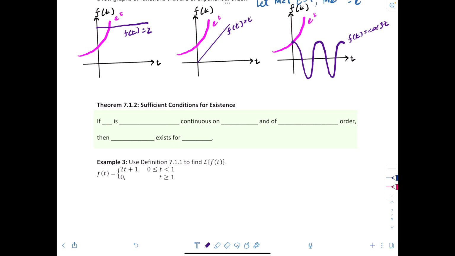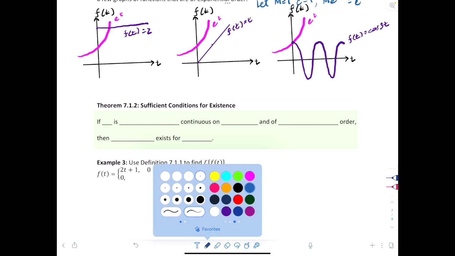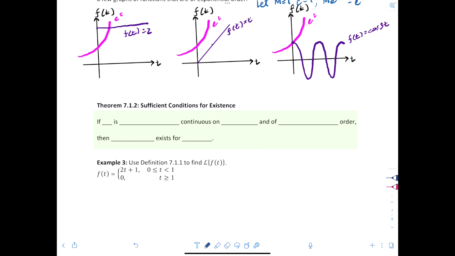Theorem 7.1.2, sufficient conditions for existence. If f is piecewise continuous on 0 inclusive to infinity and of exponential order, then L of f at t exists for s greater than some c.